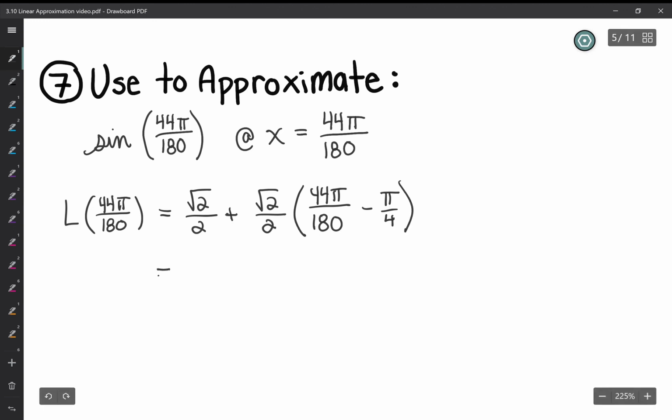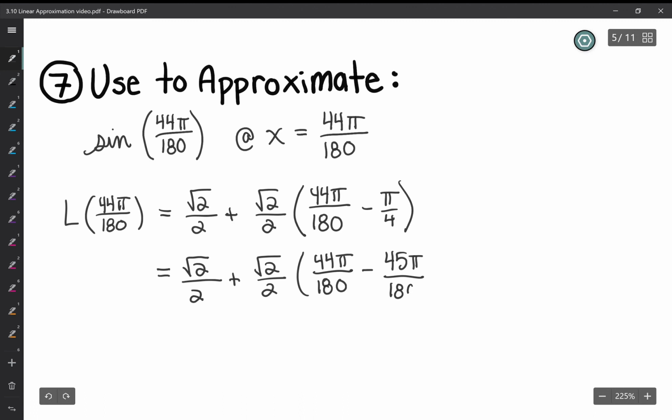This is where one of our equivalent fractions will come in handy. So this is equal to the square root of 2 over 2 plus the square root of 2 over 2 times 44 pi over 180 minus pi over 4, which is equivalent to 45 pi over 180. You could have also found the common denominator of 180 the old-fashioned way, but it's a little bit easier to just know those equivalent fractions.